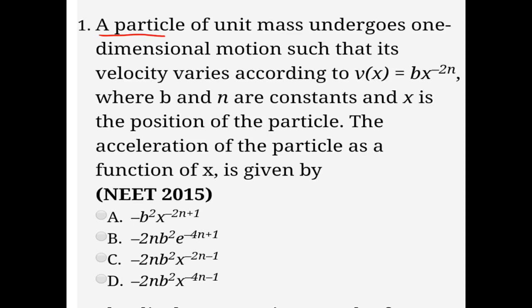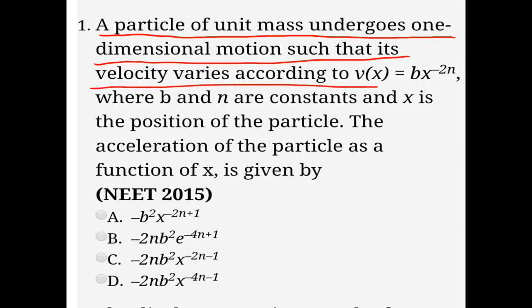A particle of unit mass undergoes one-dimensional motion such that its velocity varies according to v of x is equal to b x power minus 2n, where b and n are constants and x is the position of the particle.